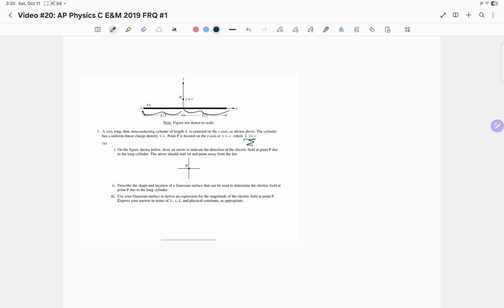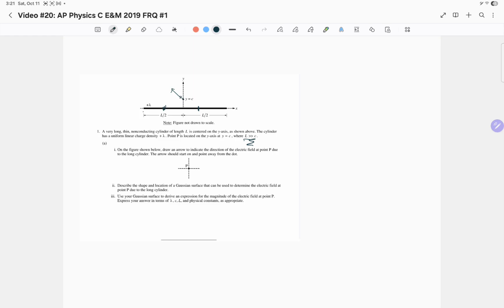The rod is, as they said, centered on the y-axis, so half of the rod is on the left, in the second quadrant, and the other half is on the right. As it has a linear charge density too, that plays a factor. If we look at the electric field due to a tiny bit of charge there, it's going to be up in that direction, right? Because it's positive, and we assume our test charge is positive. That's the convention we go by.